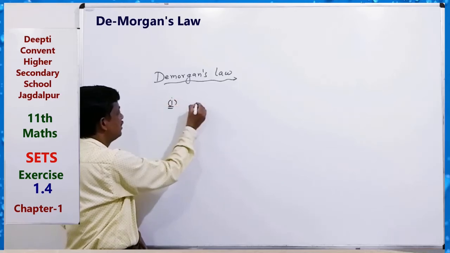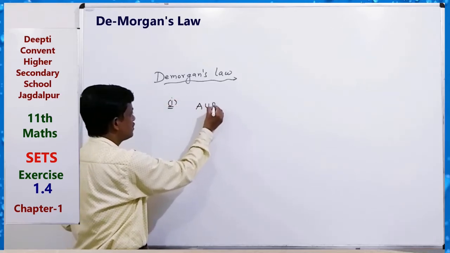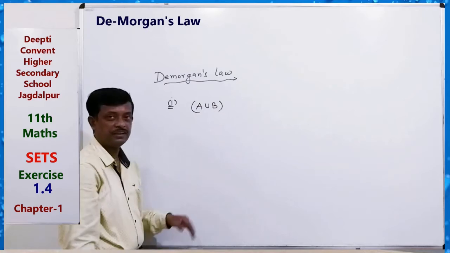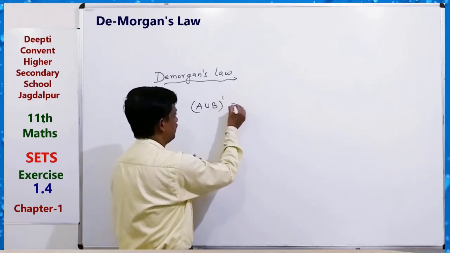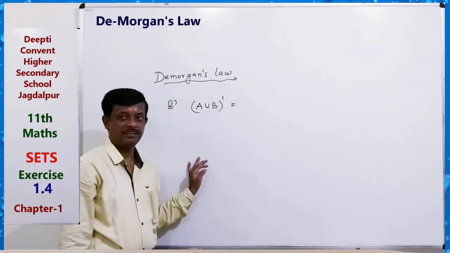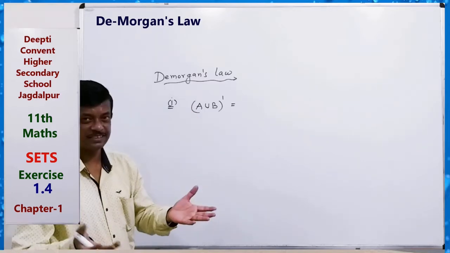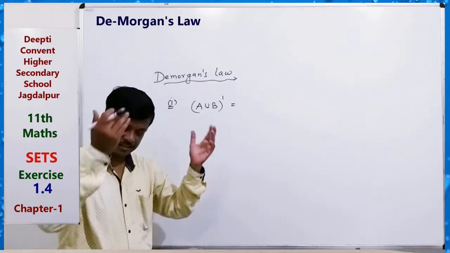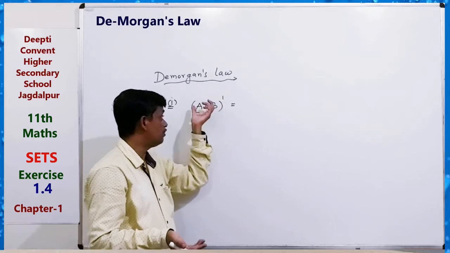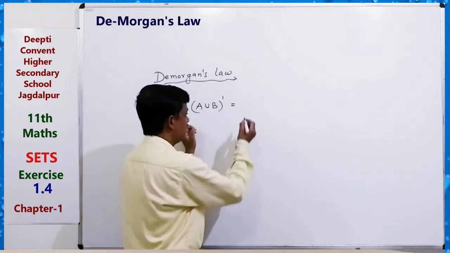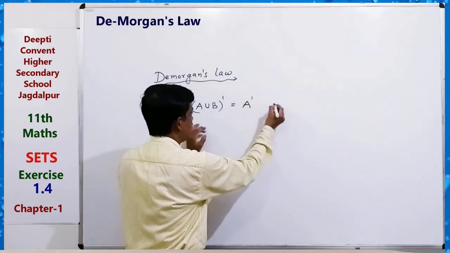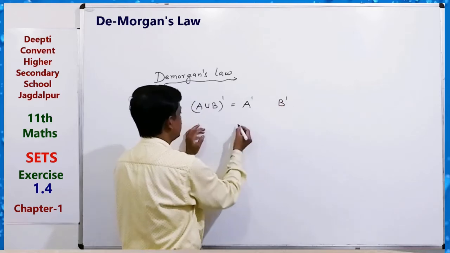First is, if we take A union B complement, here A and B are two sets, taking union and then taking the complement of this union, we get A dash intersection B dash.